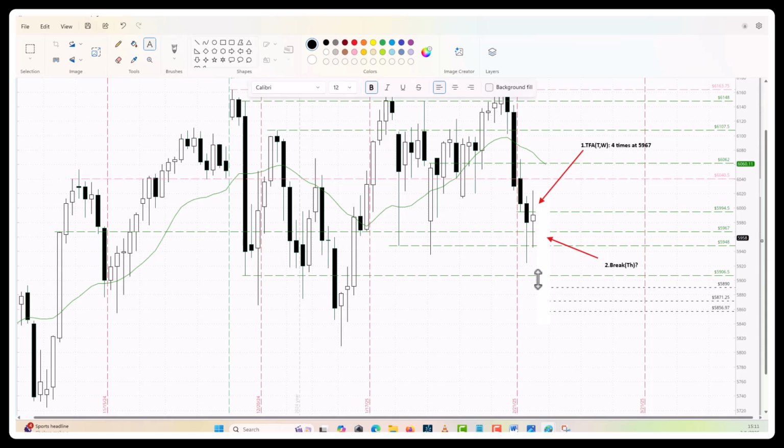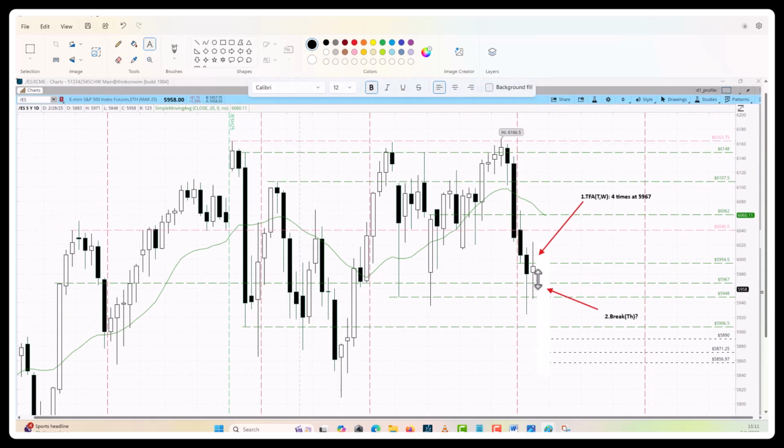If we look at the short setup, that's how it plays out in here. So if we look right here further, we can see this break and test from above.